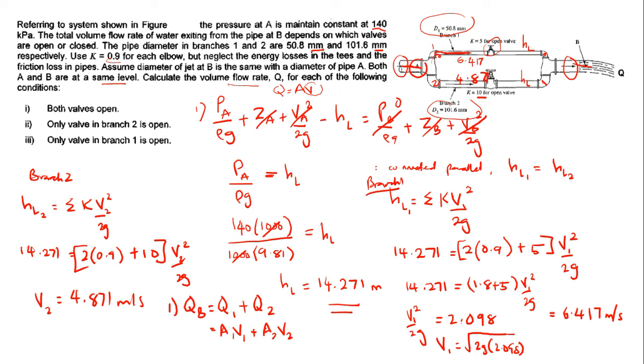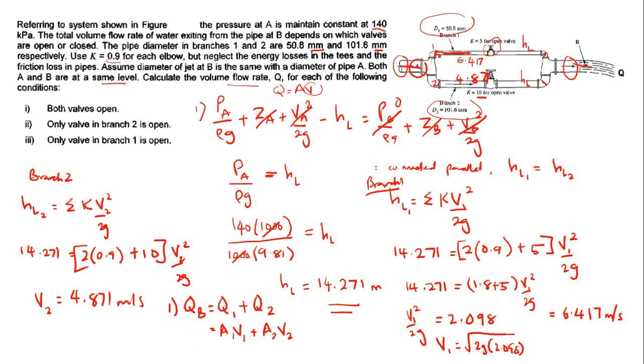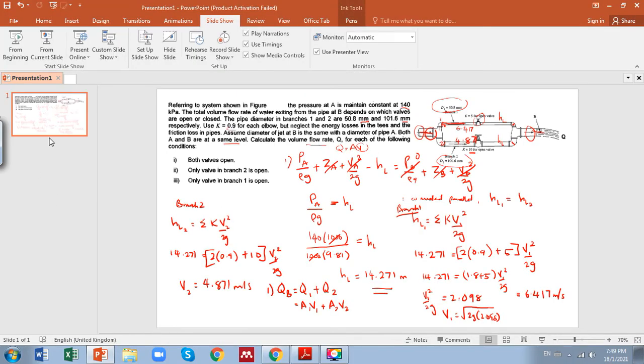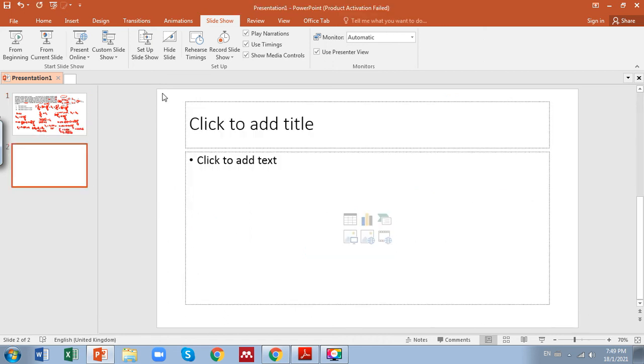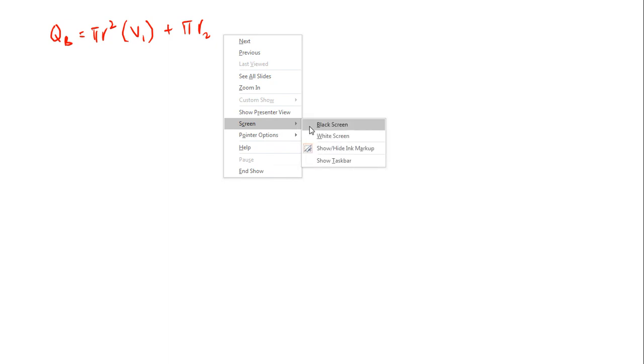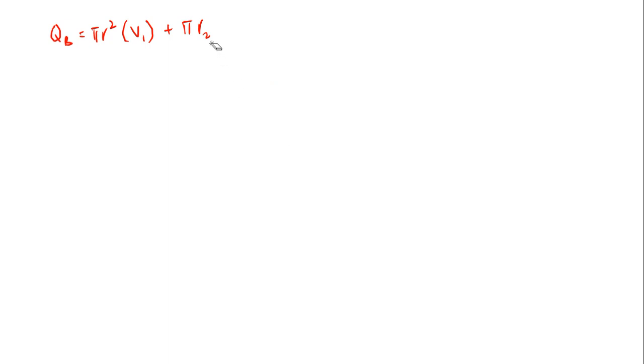So QB is pi r squared times V1 plus pi r squared times V2.